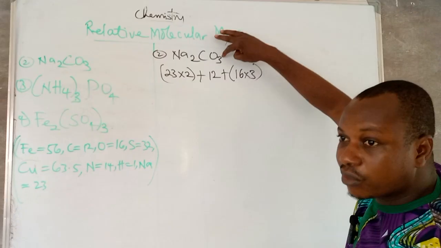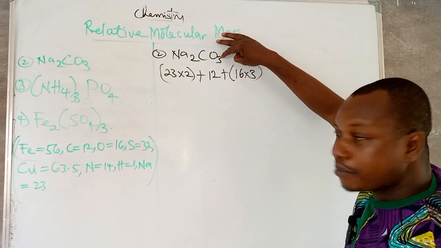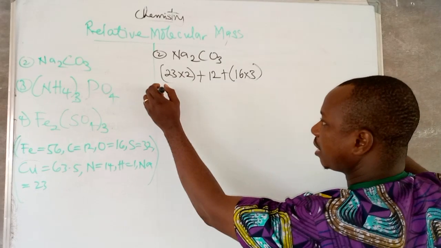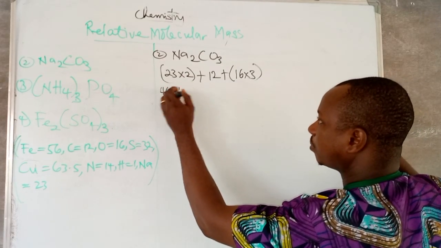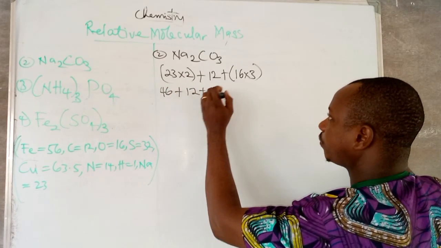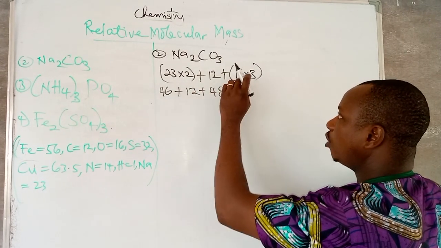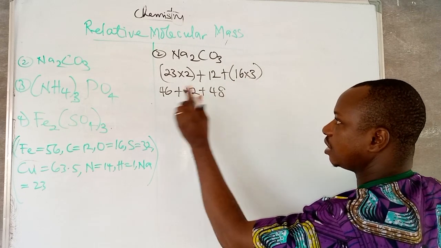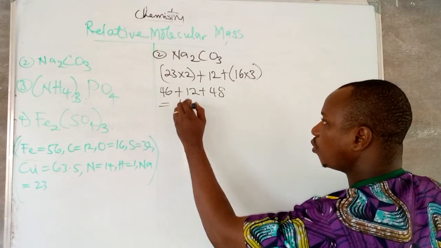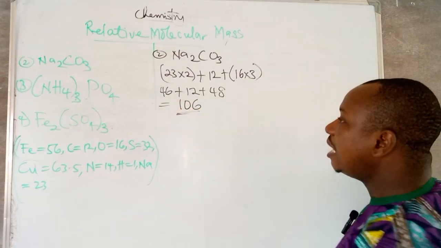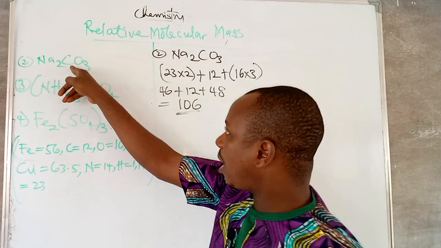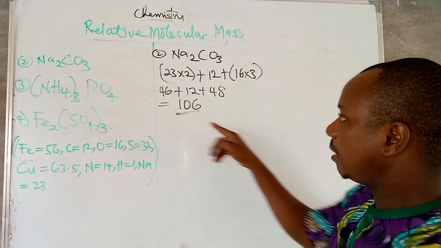And you have 3 atoms of oxygen. That was why I'm multiplying by 3. Now I have 46 plus 12 plus 48. 23 times 2 is 46, plus 12, plus 16 times 3 is 48. When you add all this, it will give you 106. Relative molecular mass of this compound is 106.